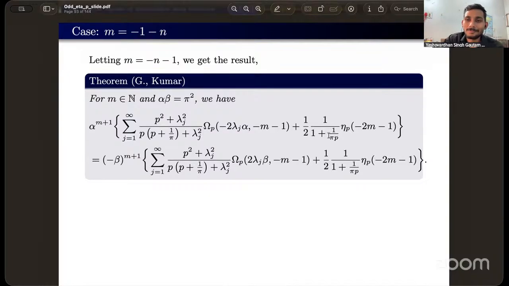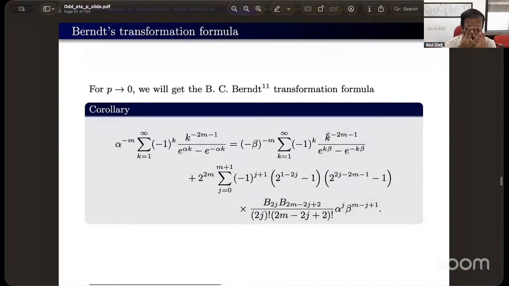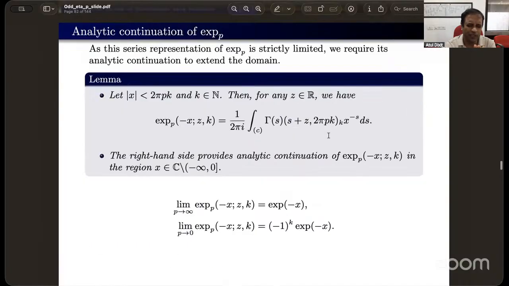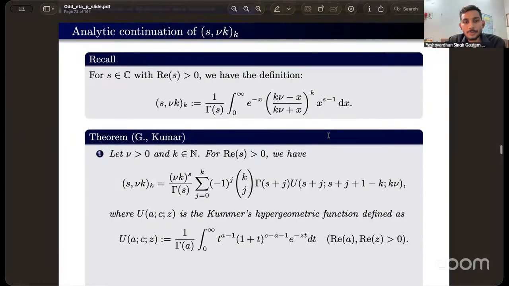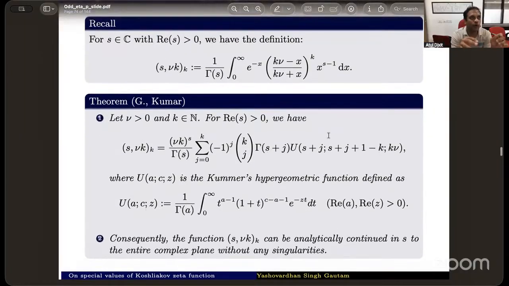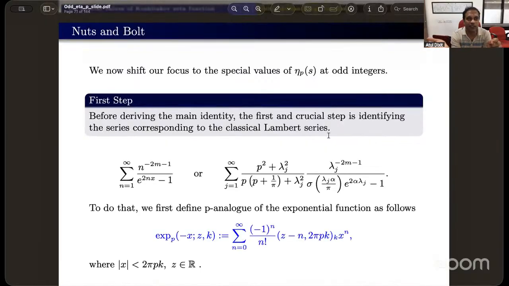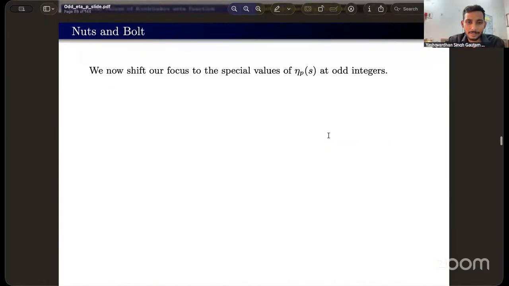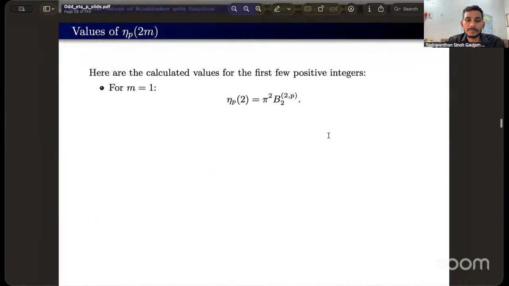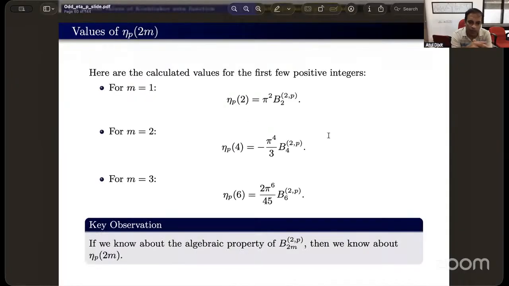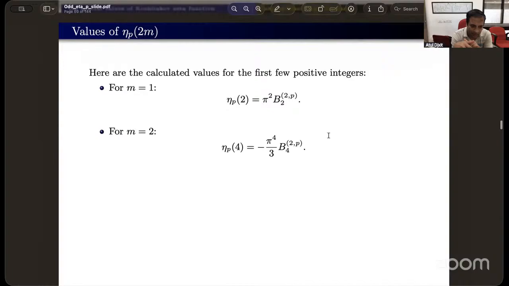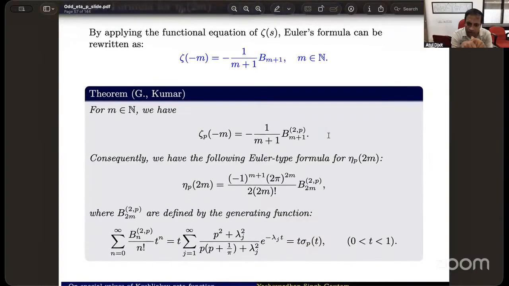When you started your first proof, for the Bernoulli numbers in terms of the zeta function at 1 minus n, just before that, when you had that generating function, here you get t between 0 and 1 only, not 2 pi?